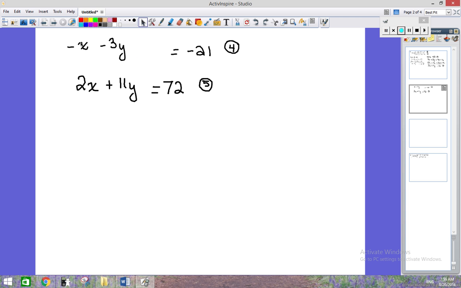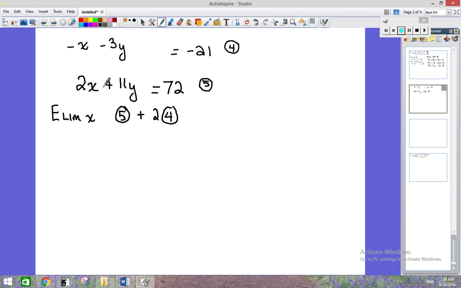Do I want to eliminate the x's or eliminate the y's in this 2 by 2 system? Well, I could eliminate the y's, but it would be much easier to eliminate the x's. So if I eliminate the x variables, I'm going to take equation 5 and add to it 2 times equation 4.